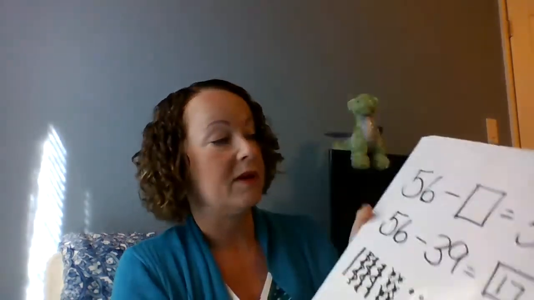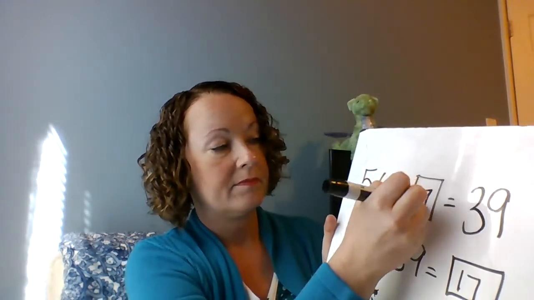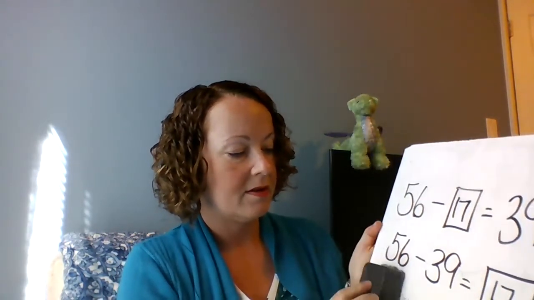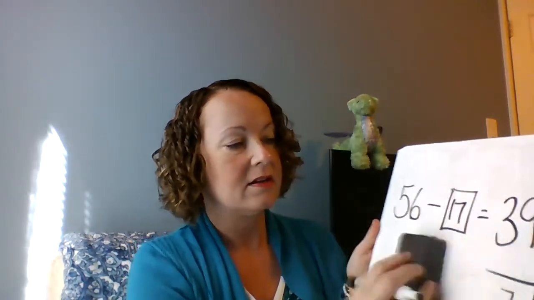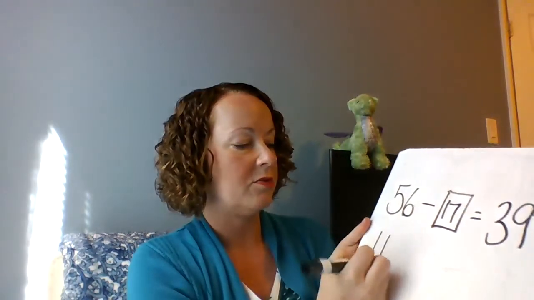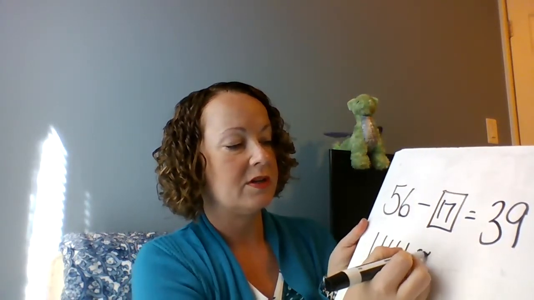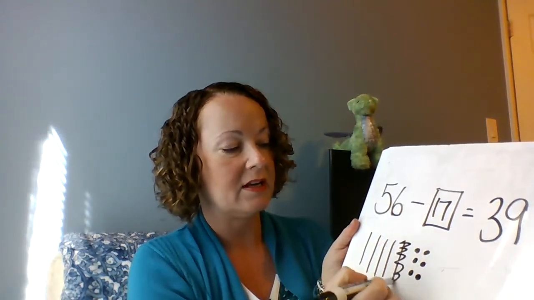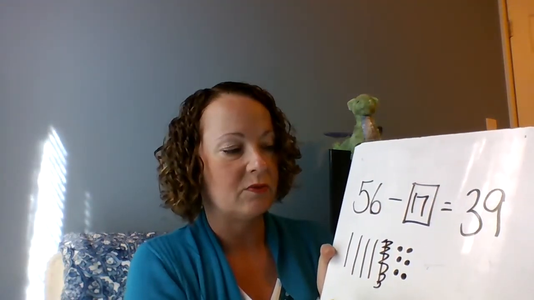If you don't believe me, try it like this. 56 minus 17 equals 39. 10, 20, 30, 40, 50. 1, 2, 3, 4, 5, 6. Take away 17. That's a 10 and 7 ones.